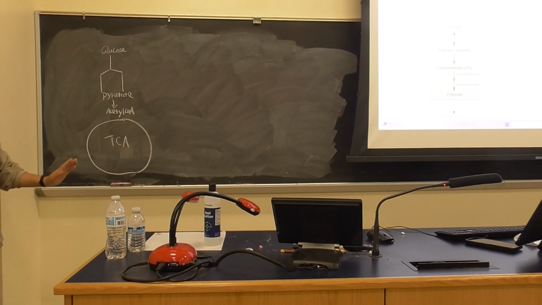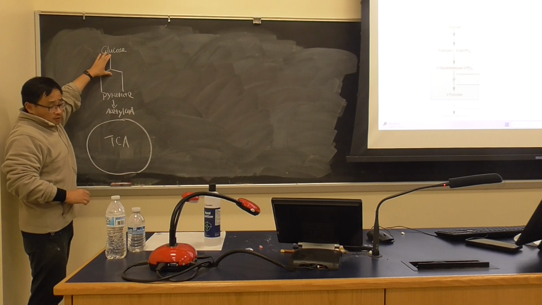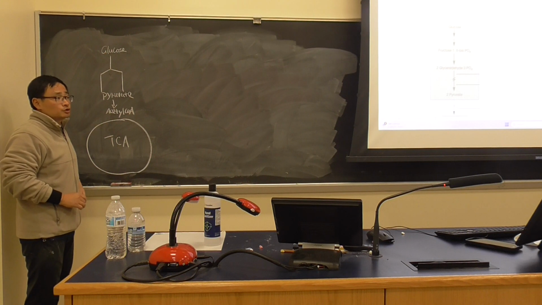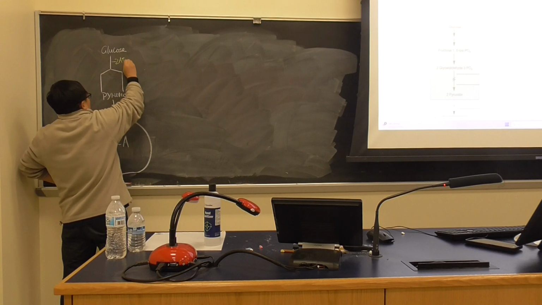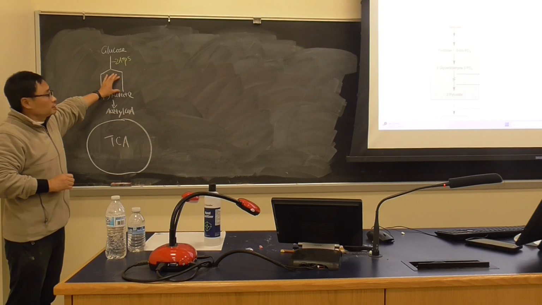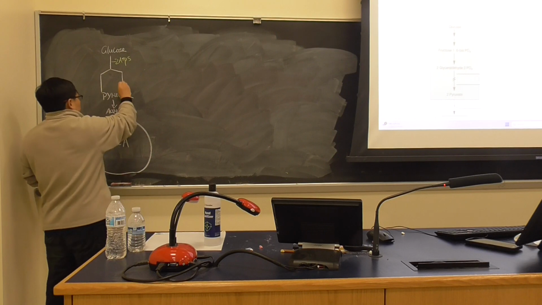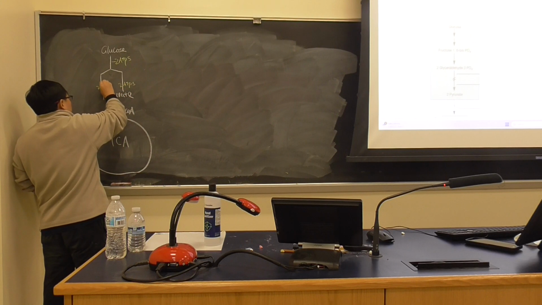Okay, we skip all the chemicals, assuming we don't even know them. And here, how many ATP do we use? Minus 2 ATPs. Okay, how many ATP are created here? 2 ATPs and 2 ATPs.